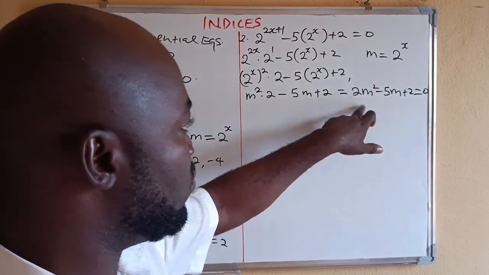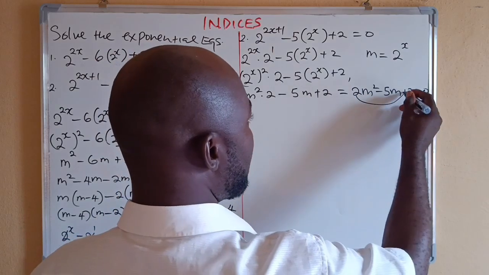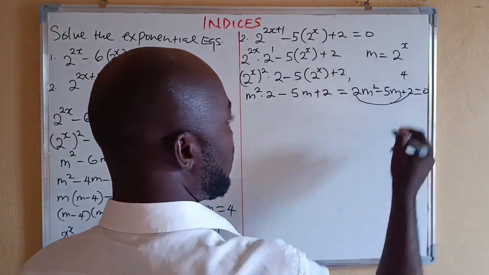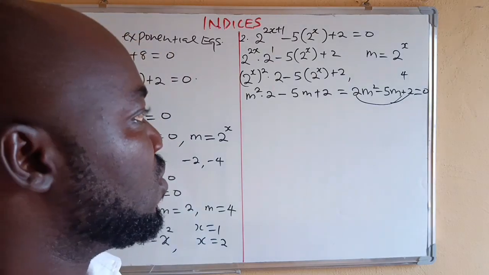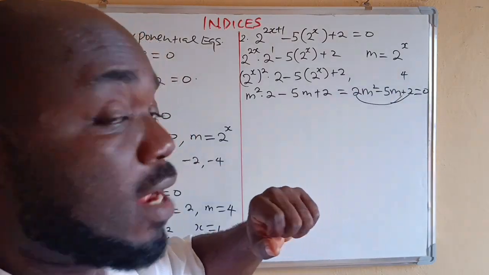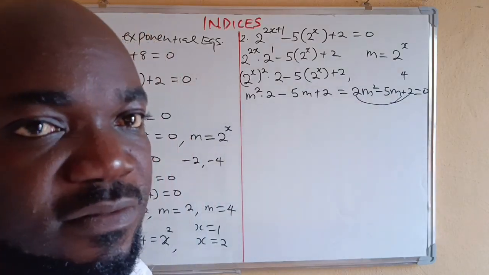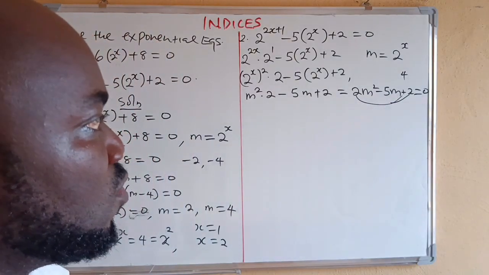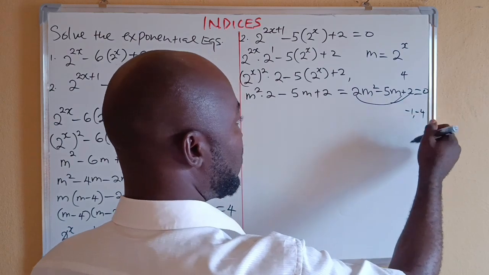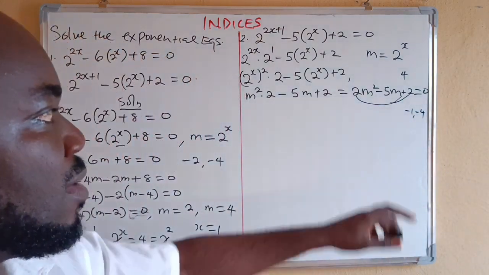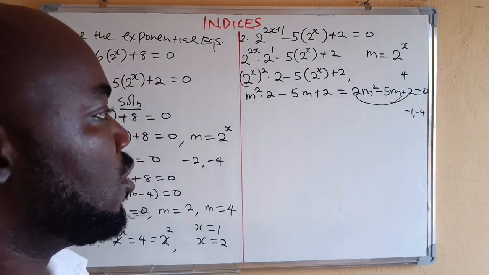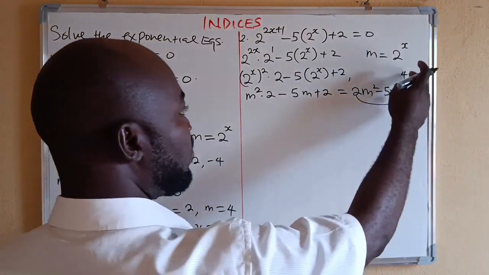I'll multiply this 2 here by this 2 here, and I will have 4. So I'll look for two factors that, when I multiply them, give plus 4, but when I add them, give minus 5. So what are those two factors? Those two factors are minus 1 and minus 4. Minus 1 minus 4 will give me minus 5, and minus 1 times minus 4 will give me plus 4.